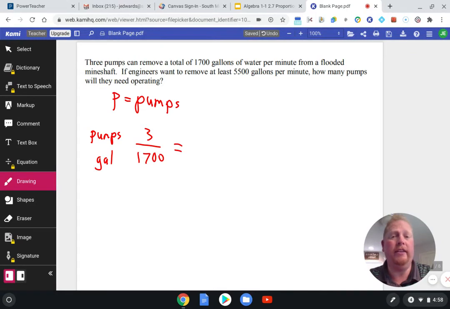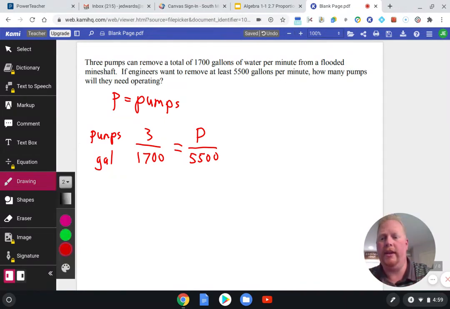So when I set up my second fraction, I'm going to make sure to put the number of pumps in the numerator and the number of gallons in the denominator. So if they want to remove 5,500 gallons per minute, how many pumps? Well, that's my variable, the number of pumps in the numerator and the number of gallons in the denominator. So that's a good setup.